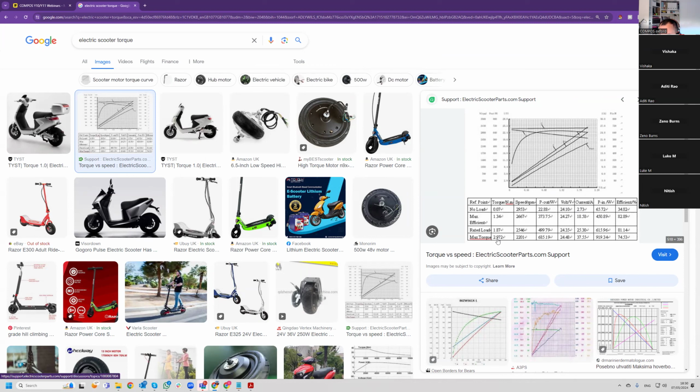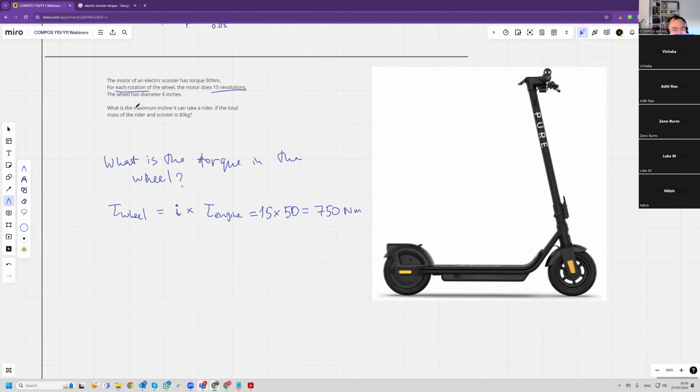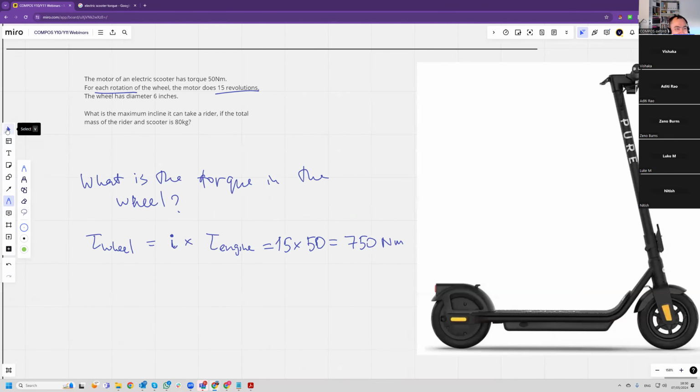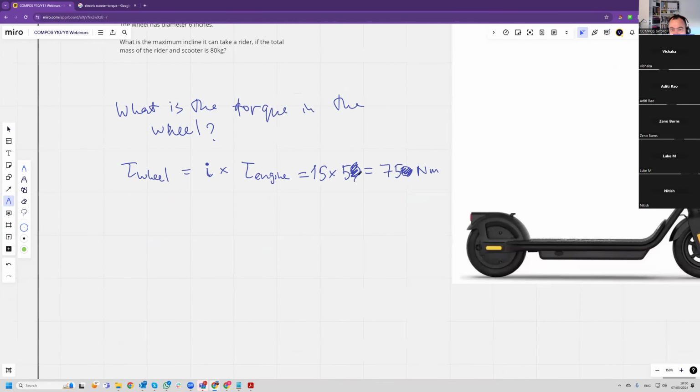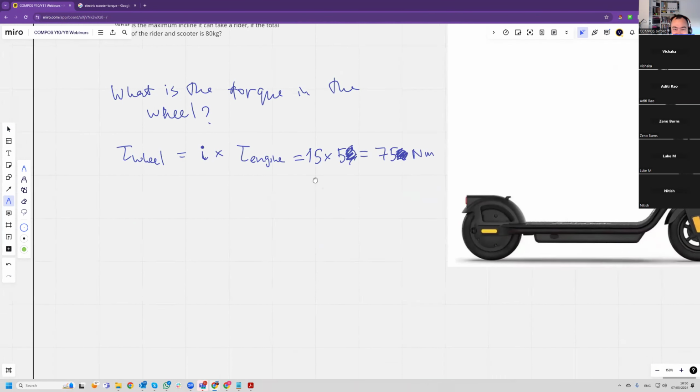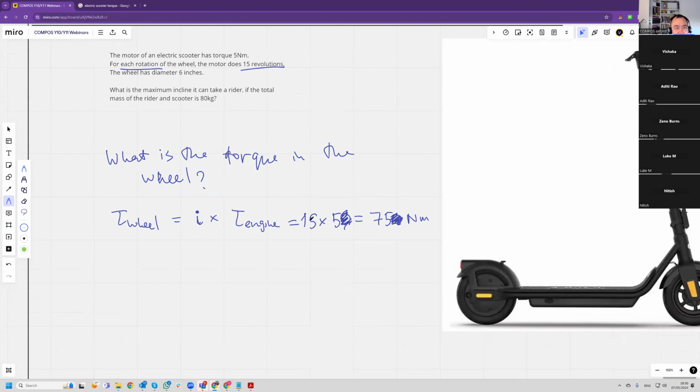Okay, yes, I was slightly off. So let's make the engine torque 5 Newton meters. Probably I'll reduce this as well to 5 revolutions.